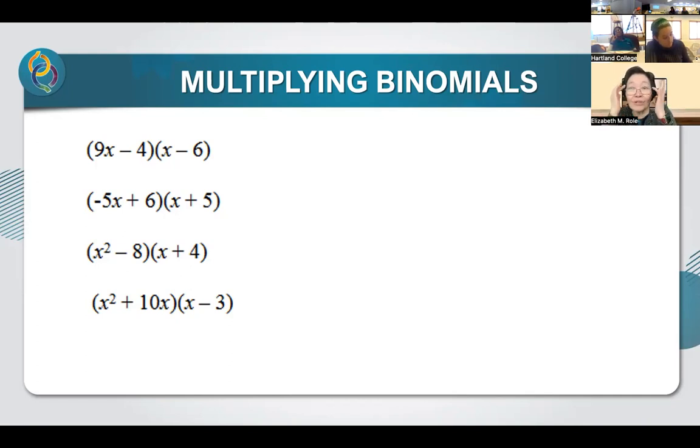So by using your mental math, without even doing it by longhand, you can immediately give the answer. Like you have 9x minus 4 times x minus 6. What you do is just 9x times x is 9x squared. And then 9x times minus 6 and minus 4 times x are the same terms.